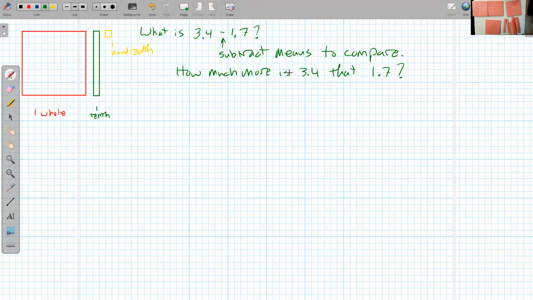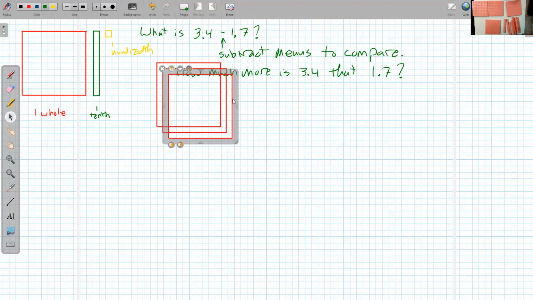So I need to show this. I need to show both 3 and 4/10 and 1 and 7/10. So I'm going to draw this out. And since this is a little harder than drawing on paper, I'm just going to copy some of my toys here. So I need 1, 2, oops, 3.